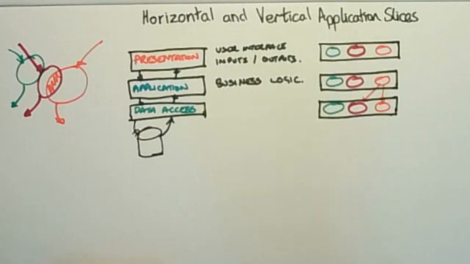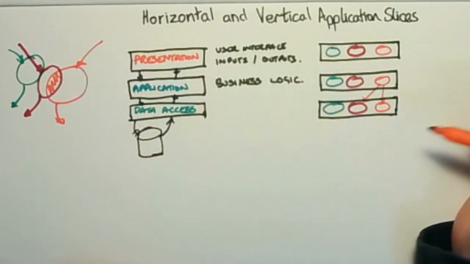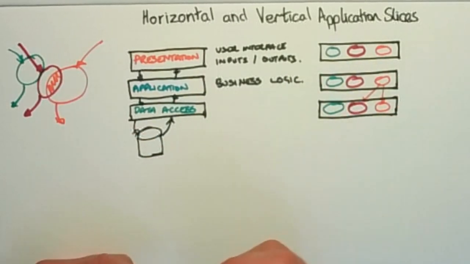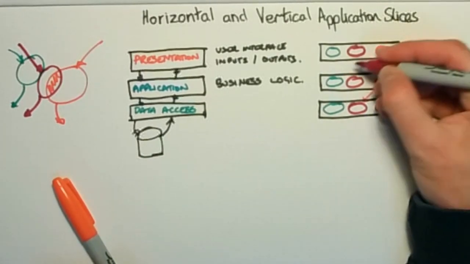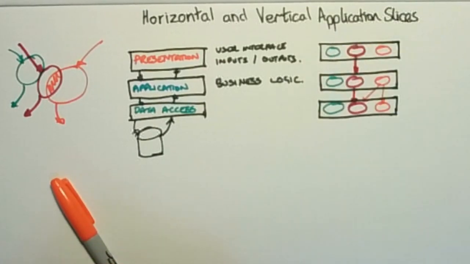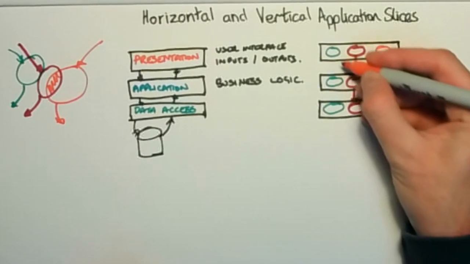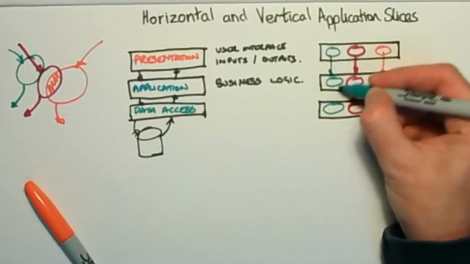Maybe it's getting a bit of information, a bit of data that was provided in exactly the same way for the other component. So your components will talk down through the layers.